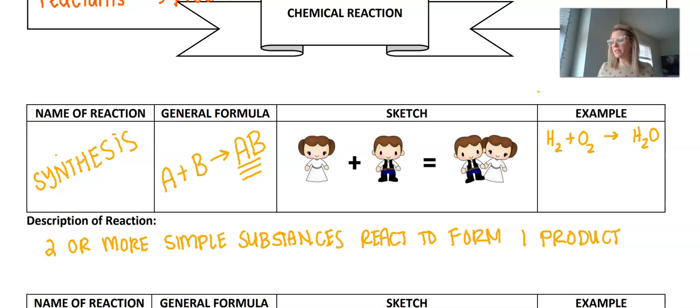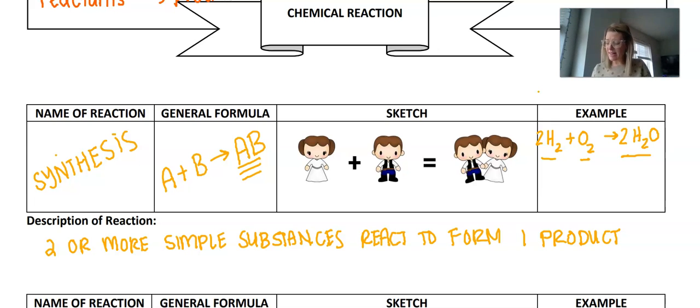Obviously this is unbalanced, so we would need those coefficients of 2 and 2, but this represents synthesis. We have our simple substance H2 and our simple substance O2 coming together to form our complex substance H2O. Identifying it is easiest because we have one product in this reaction.